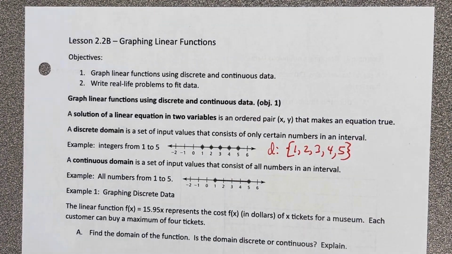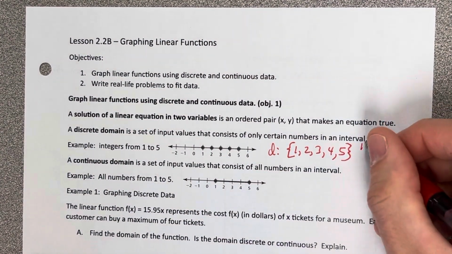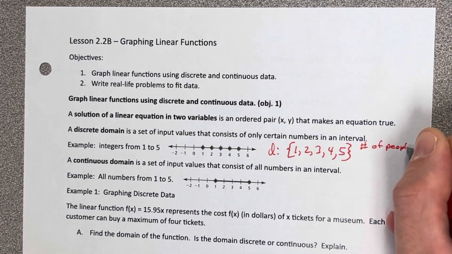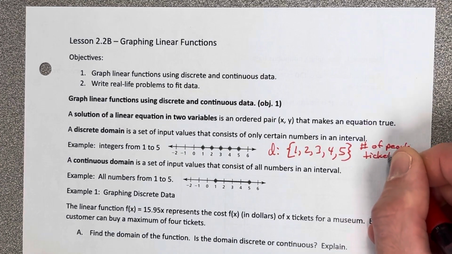Discrete data doesn't count the spaces in between. It's just the specific numbers. Doesn't count everything in between. And some examples for discrete data, discrete domains, might be like number of people. Tickets is a good one.